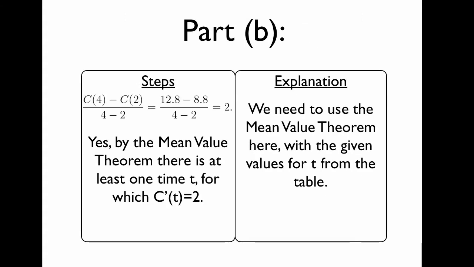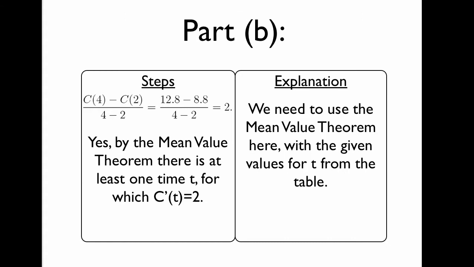On part B, you're asked: is there a time when C prime of t equals 2? When you get questions like this, the question is really about existence. Whenever you come across this type of question in your free responses, it's typically going to use one of the major theorems.